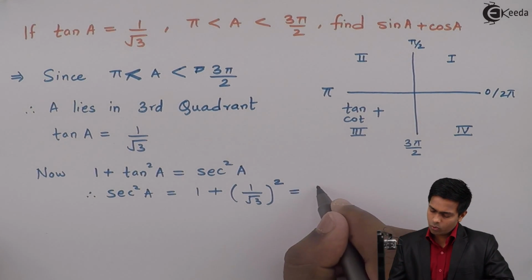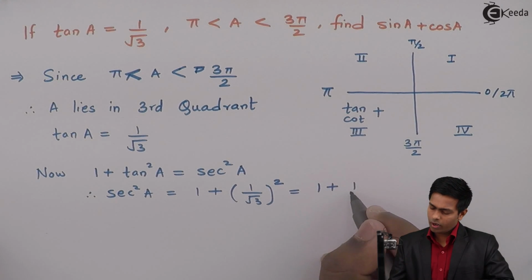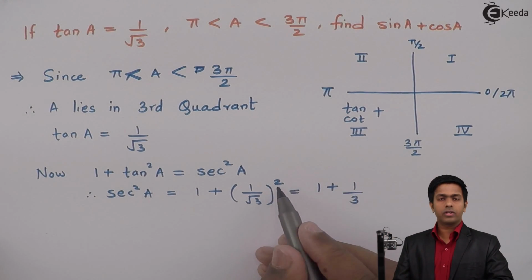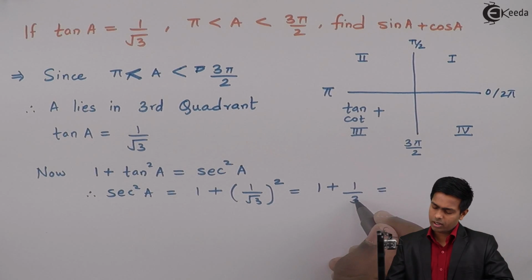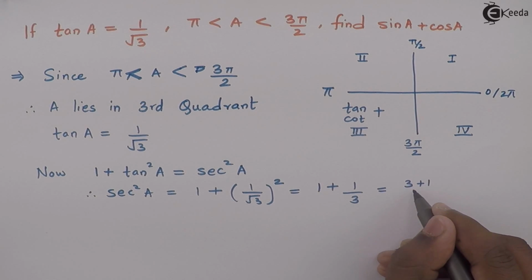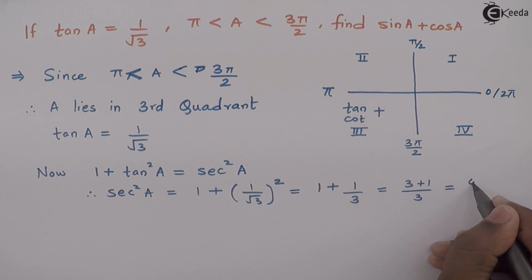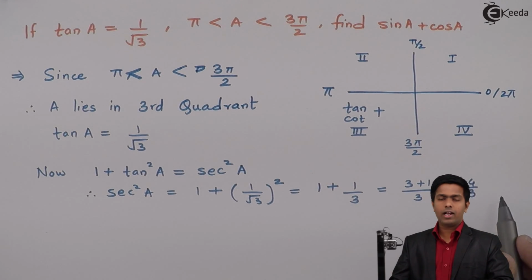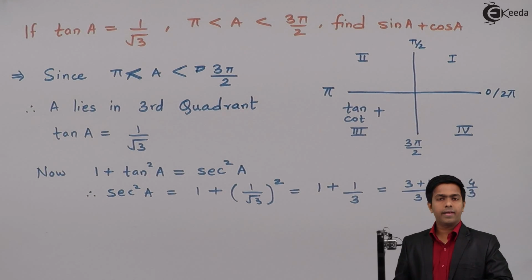So this will become 1 plus 1 upon 3, because square of root 3 is 3, and this will become 3 plus 1 upon 3, that is 4 by 3.